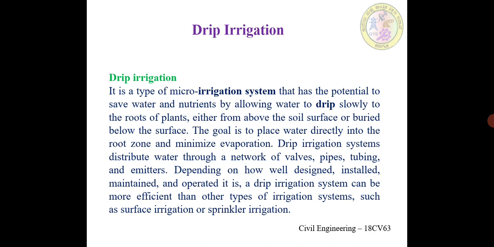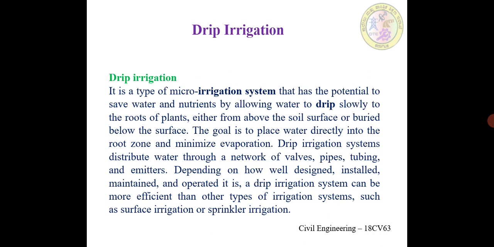Drip irrigation is a type of micro irrigation system that has the potential to save water and nutrients by allowing water to drip slowly to the roots of plants, either from above the soil surface or buried below the surface. The goal is to place water directly into the root zone and minimize evaporation.